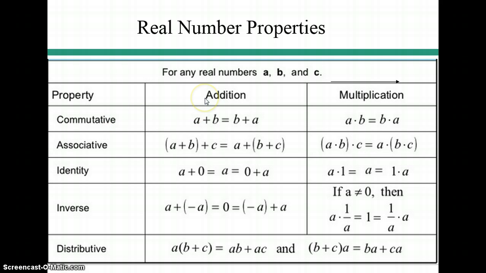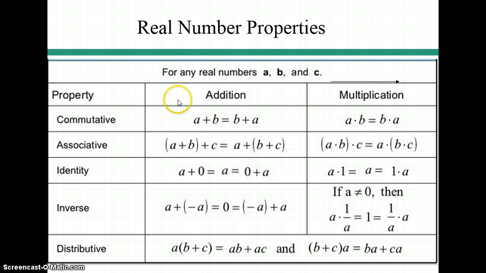Commutative for addition: A plus B equal to B plus A. Even though we are changing the place of the number, A has been written first, then added with B, but here B has been written first, then added with A. If we change the place of the number, the result will not be affected.